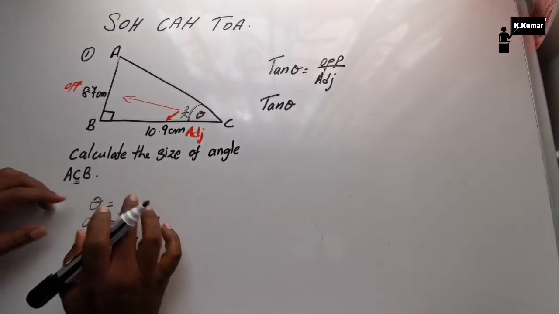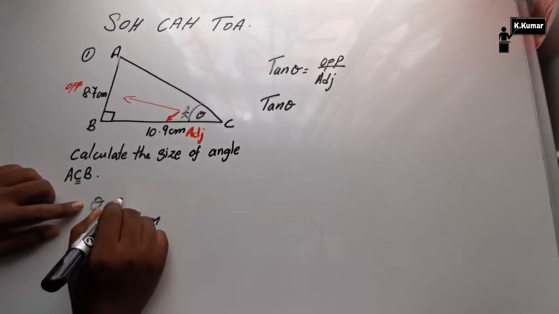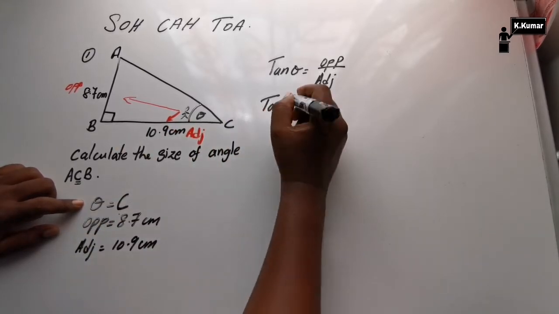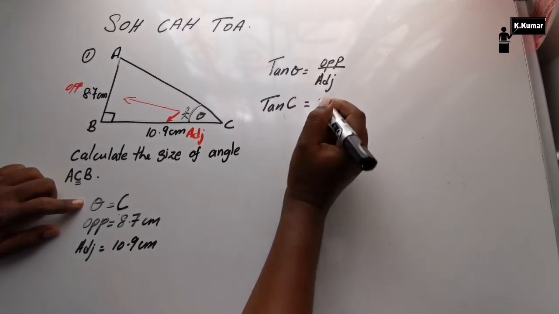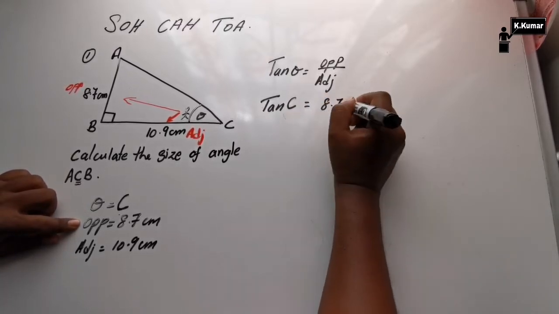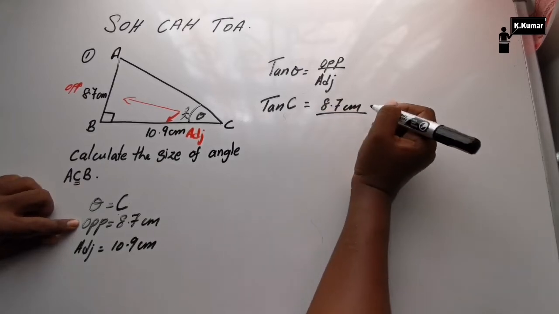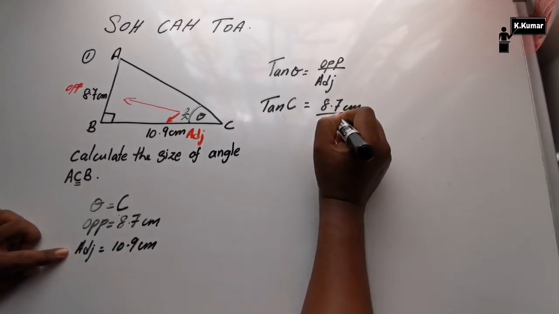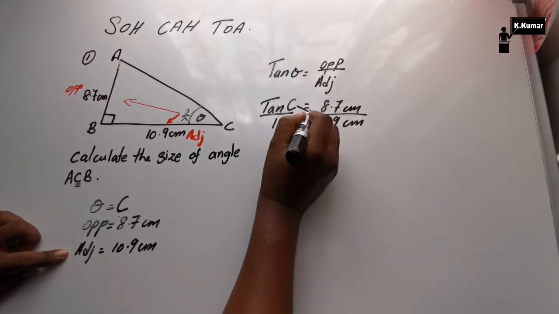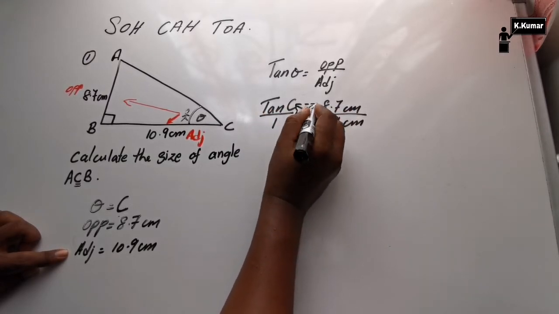Let's call theta C, because this is what we're finding. So tan C is equal to opposite, which is 8.7 cm, over the adjacent, which is 10.9 cm. We put this over 1 and then we cross multiply.